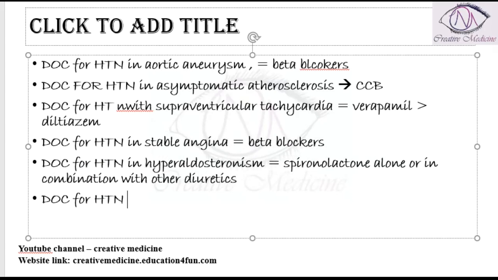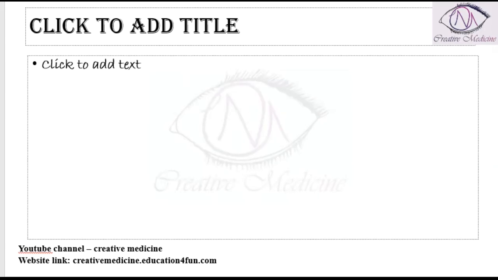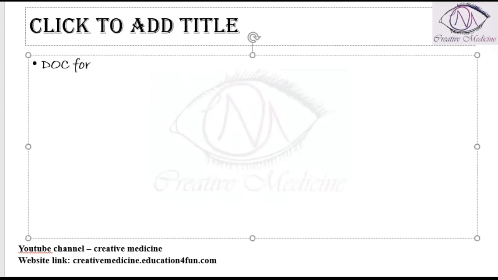Drug of choice for hypertension with dyslipidemia: if the patient has hyperlipidemia and the same patient has hypertension, then the drug of choice is angiotensin converting enzyme inhibitors, more commonly than calcium channel blockers. The drug of choice for hypertension in a previous stroke patient is angiotensin converting enzyme inhibitors, followed by angiotensin receptor blockers, followed by diuretics.